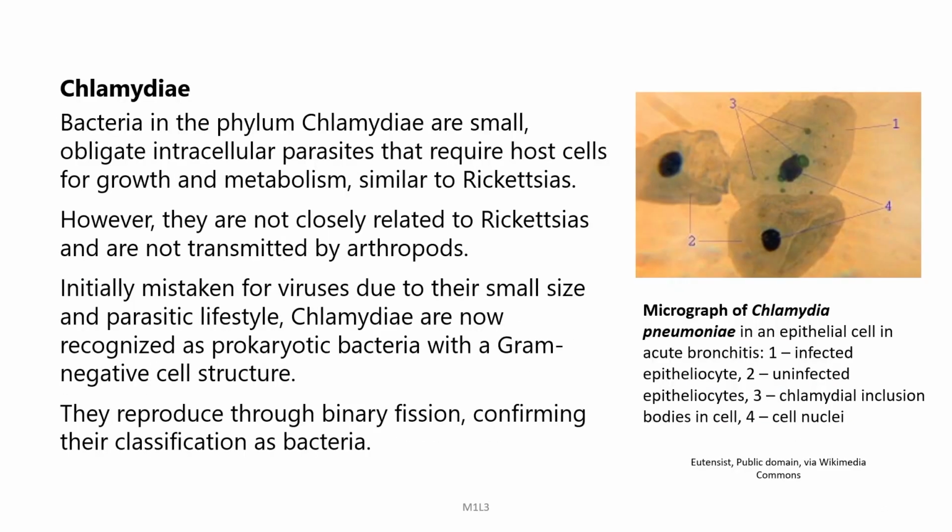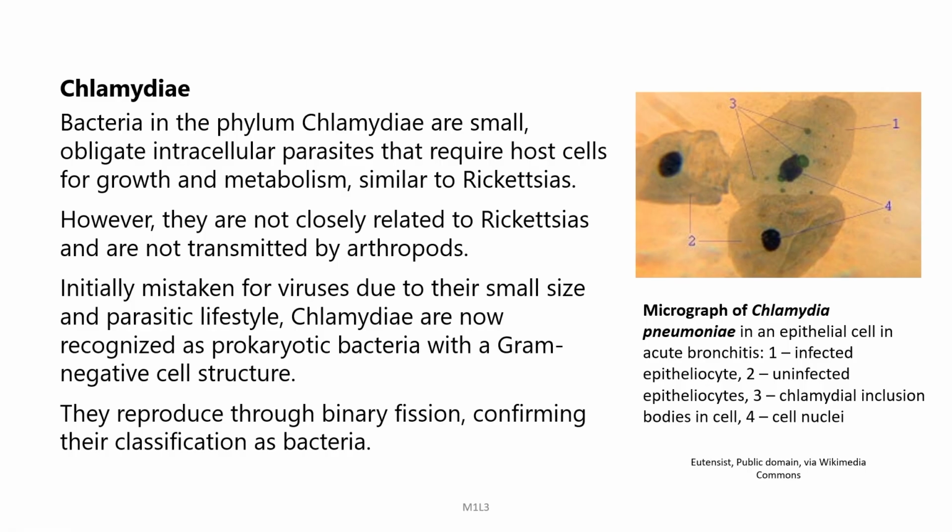Let us now discuss Chlamydia. Bacteria in this phylum are small, obligate intracellular parasites that require host cells for growth and metabolism, similar to rickettsias. However, they are not closely related to rickettsias and are not transmitted by arthropods.